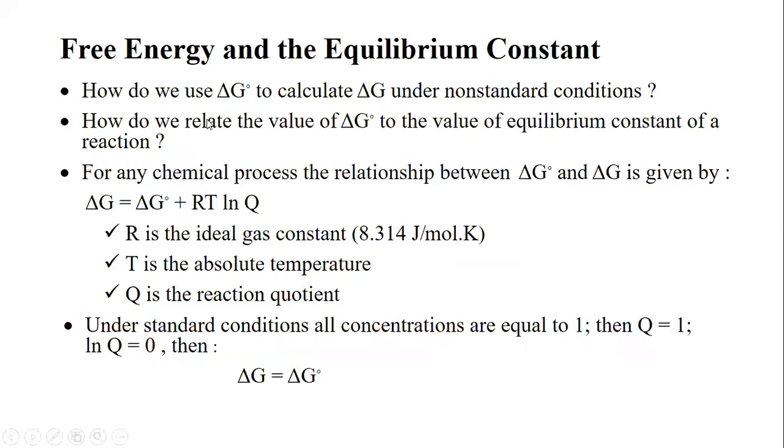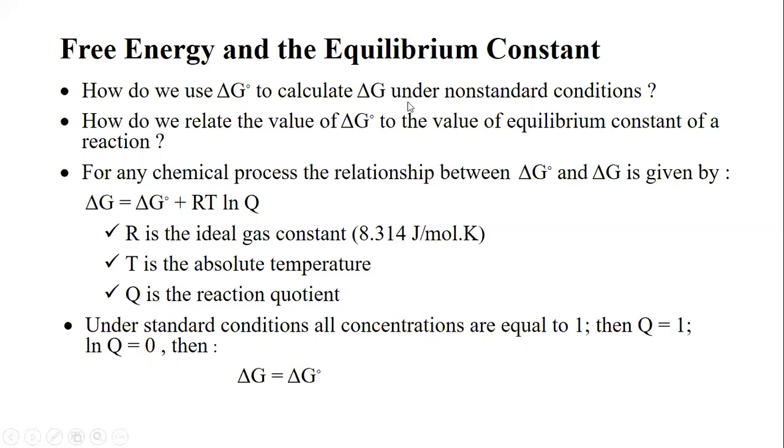How do we use delta G 0, which is the standard Gibbs energy, to calculate delta G, which can be under any conditions, under non-standard conditions? We need to know this because lots of values we can obtain for the standard conditions.